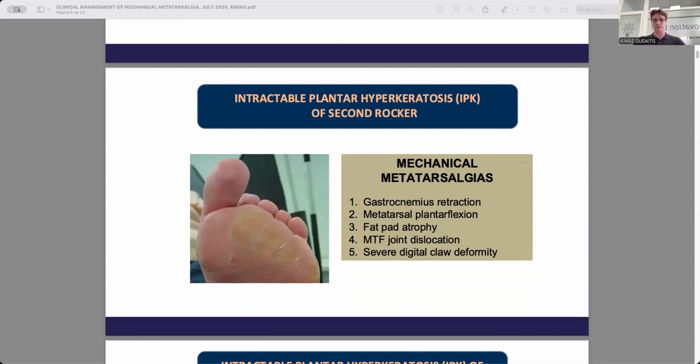This pattern is usually seen in patients with calf muscle gastrocnemius retraction, plantar flexion of the Lisfranc joints, fat pad atrophy, or rigid deformities in the metatarsophalangeal joints. It can also appear in people with arthropathies like claw toes or as a consequence of foot surgery.